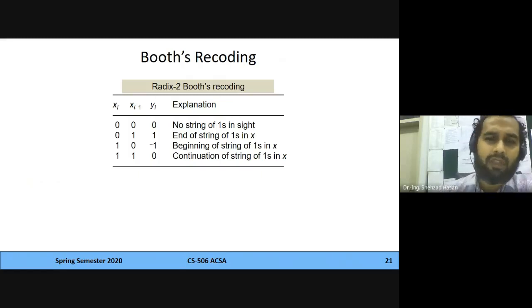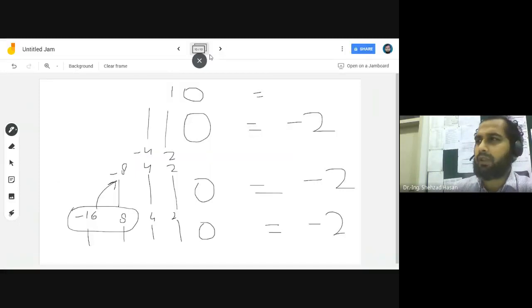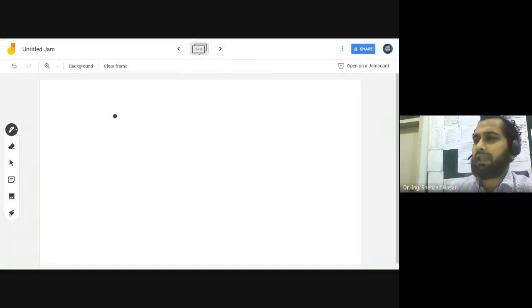Now, when we come to a number, okay, so I'm going to initially start with an example of decimal number systems.